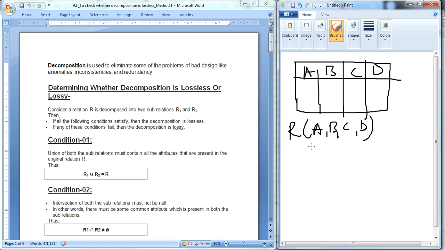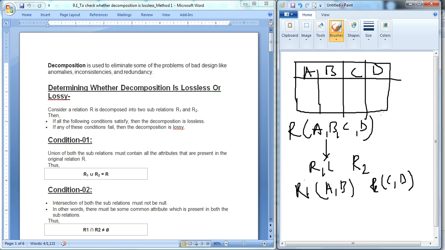And when we decompose this table, it may be split into two relations, R1 and R2. That is, R1 has A, B and R2 has C and D.